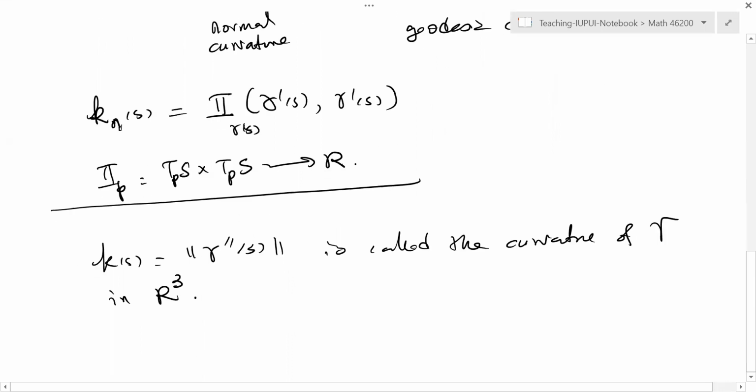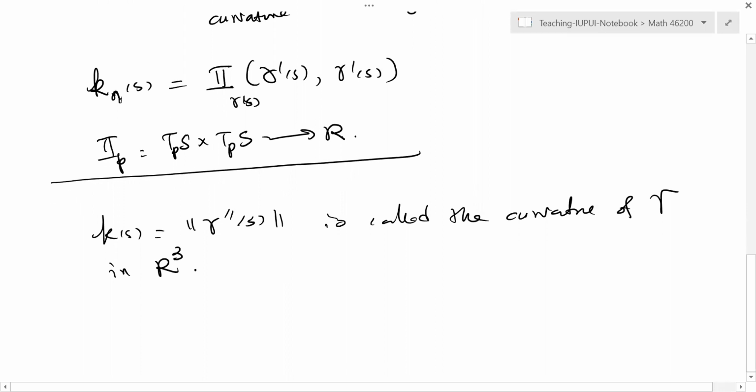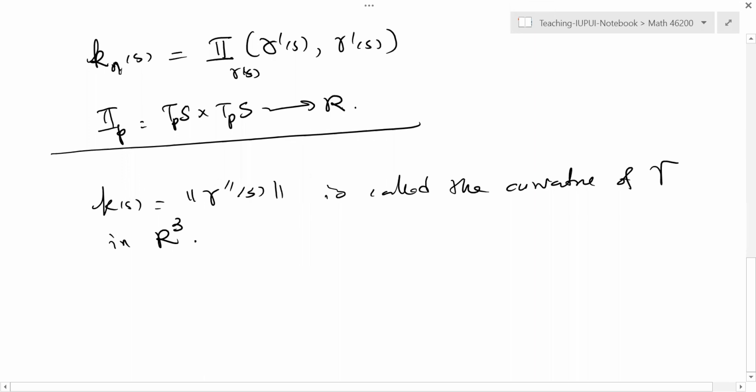If we view gamma as a curve in three-dimensional space, not only as a curve on the surface, then that is the curvature by definition. Then if you differentiate again, you get a torsion. The torsion can be related to the normal curvature and maybe the geodesic curvature. We can discuss that a little later.